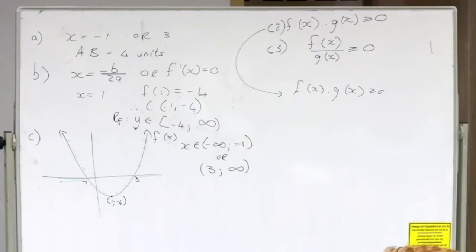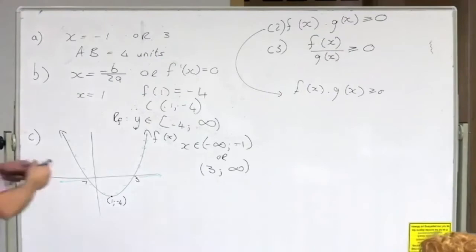I want to ask you a question. And please don't forget about the graph now. When is something times by something else positive? When is something times by something else going to give me a positive? When I have a positive times a positive, or a negative times a negative. So those are my two options, right?